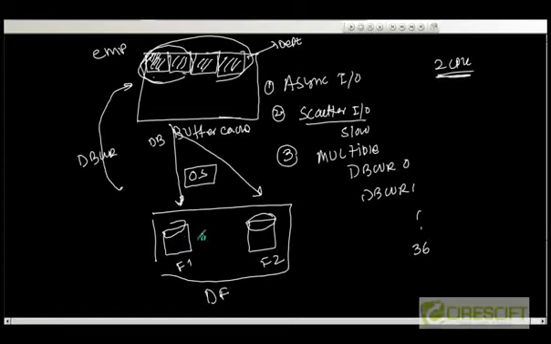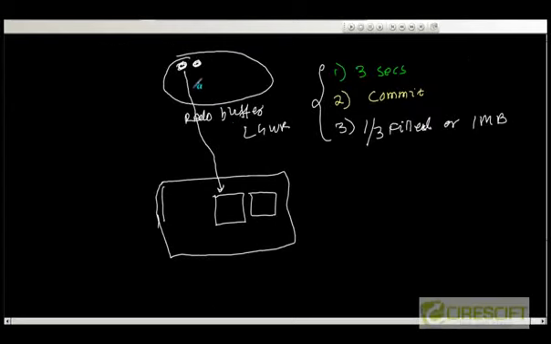So DB writer may write to different disks, but in case of log writer, it's pretty sure that it's going to write to this redo log file R1. When this redo log file is filled, it is going to switch to the next one. So that means log writer is going to be faster. It's a sequential write, and we know which redo log file it is going to write to.